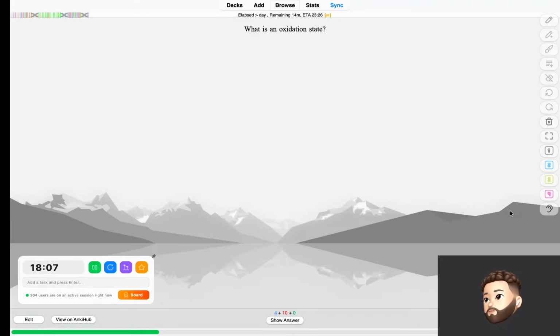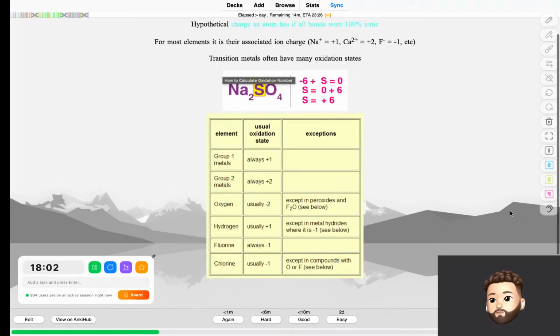I don't know. It usually is equal to the formal charge. Hypothetical charge an atom has if all bonds were 100% ionic.